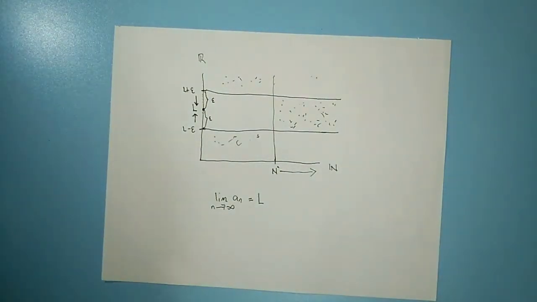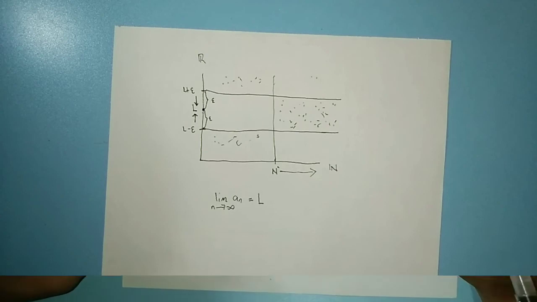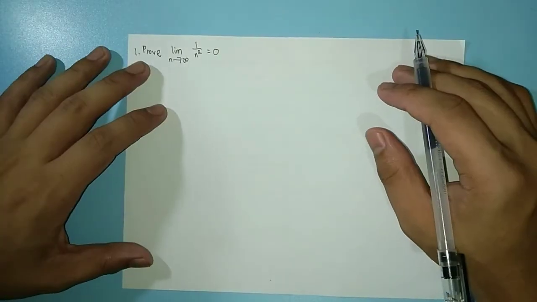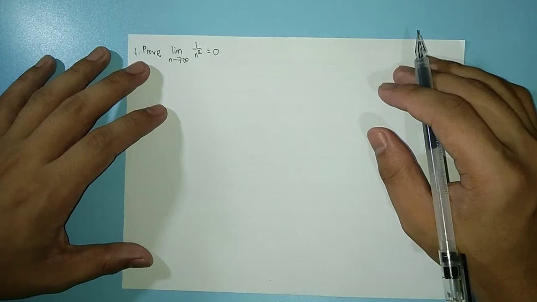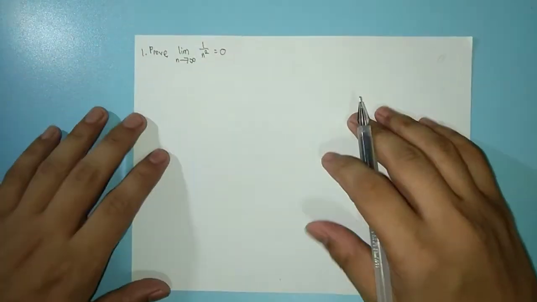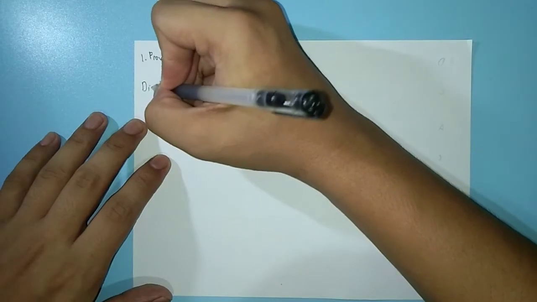So, i-apply natin siya sa example. So, for example, prove that limit of 1 over n squared as n approaches infinity is equal to 0. So, bago tayo mag-prove, let's have discussion first.